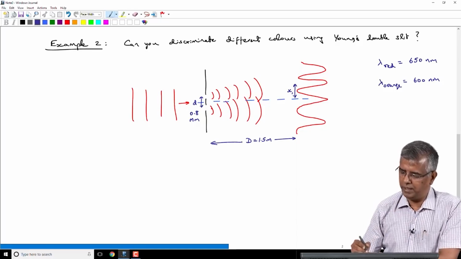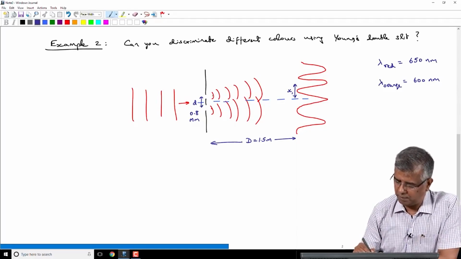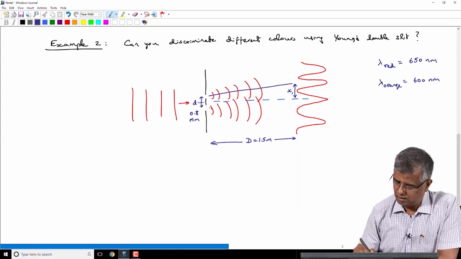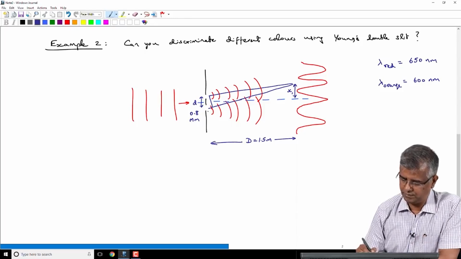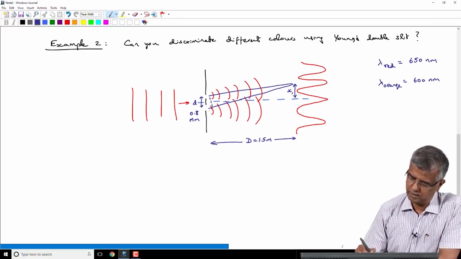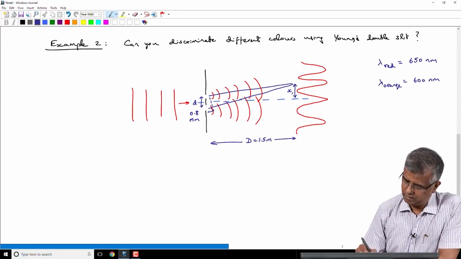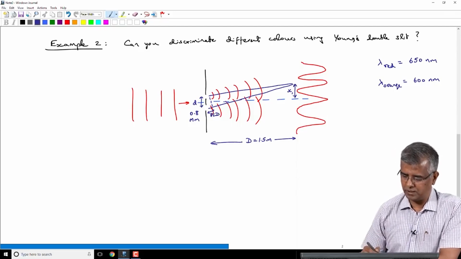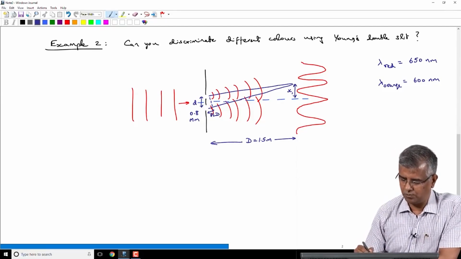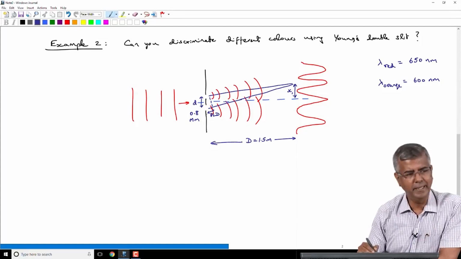So, if we work out that path length difference that I mentioned over here, you can drop a perpendicular from here, just put this in dotted lines, and then this path length difference, can I express that path length difference in terms of d?